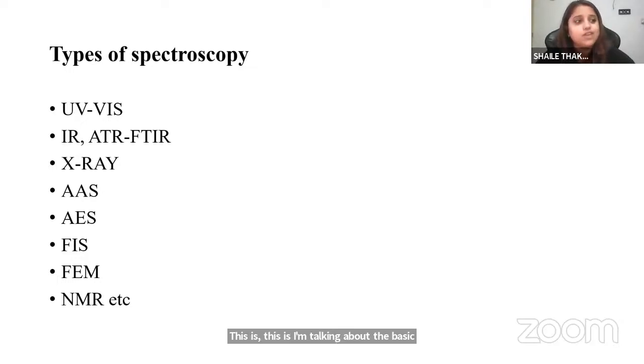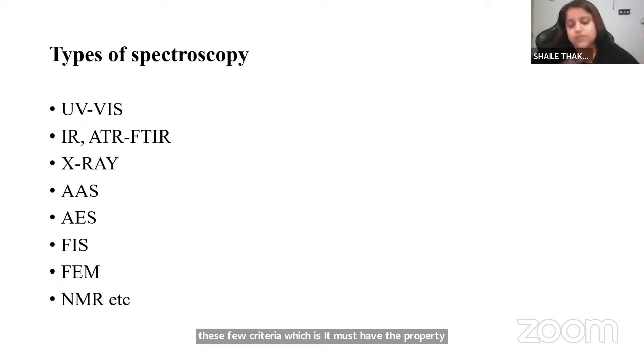Whenever we are talking about the basics of IR, we must focus a little bit on the theory of the IR, right? Whenever we are discussing the theory of the IR, there must be a few criteria that the compound or your sample must meet. It must have the property to show a change in the dipole moment, like your HCl.